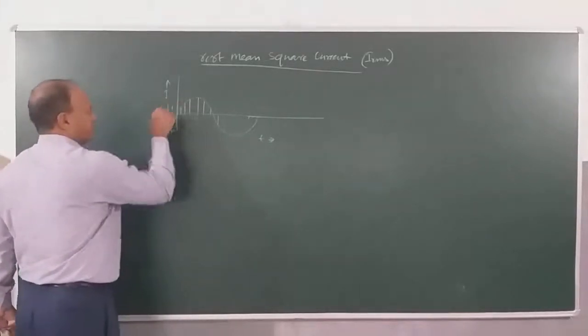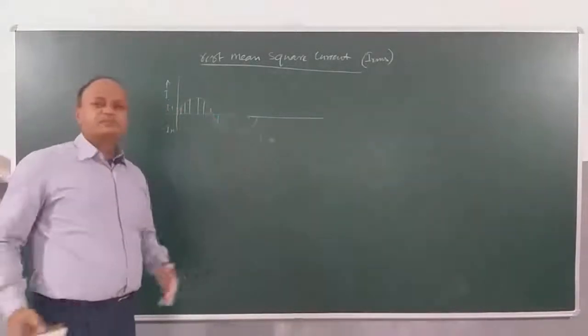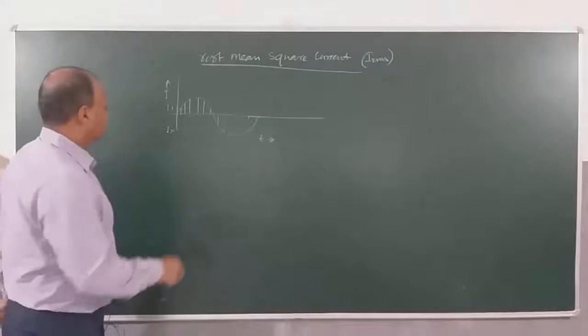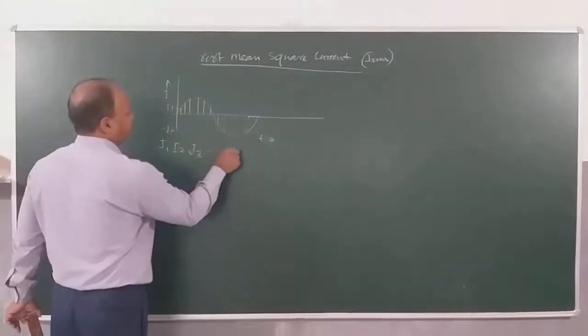And the first value is I1. Now if I square all these currents, I have taken n values: I1, I2, I3 up to In.